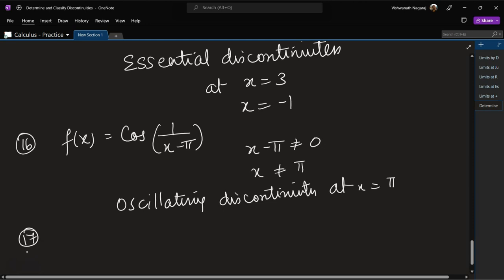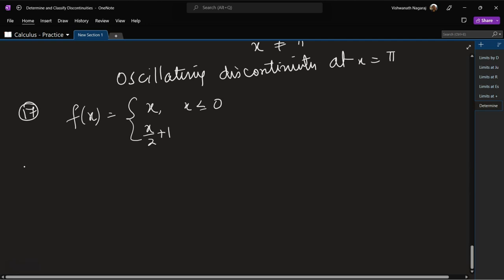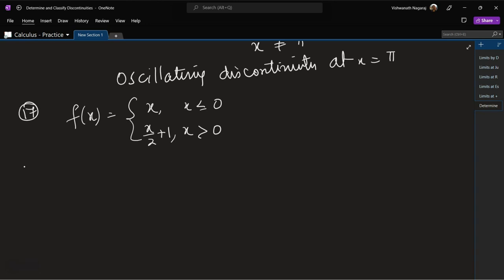Okay, 17th one, f of x is equal to x when x is less than or equal to 0, x by 2 plus 1 when x is greater than 0. Okay, let's take this. Here it can be 0. So f of x equal to x, which means it is 0 when x equal to 0. Whereas here f of x equal to x by 2 plus 1 when x is very close to 0 but greater than 0.